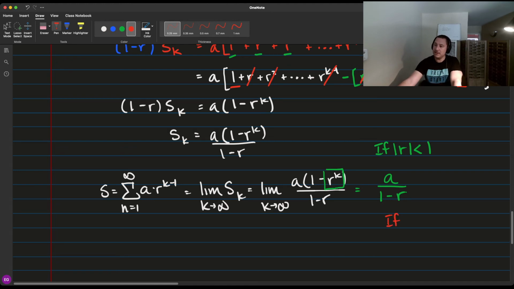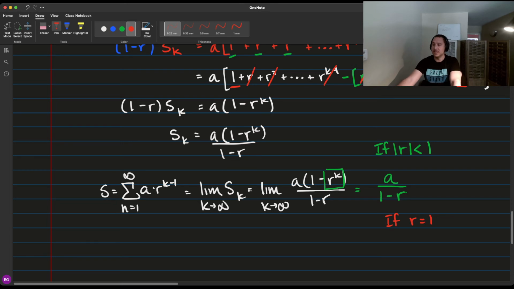What about if r is equal to 1? If r is equal to 1, 1 to higher and higher powers is just 1, right? And you get 1 minus 1, which is 0. More importantly, what happens to the bottom?